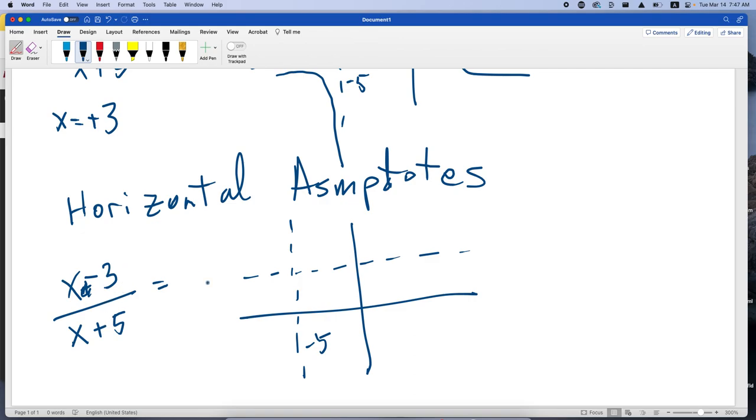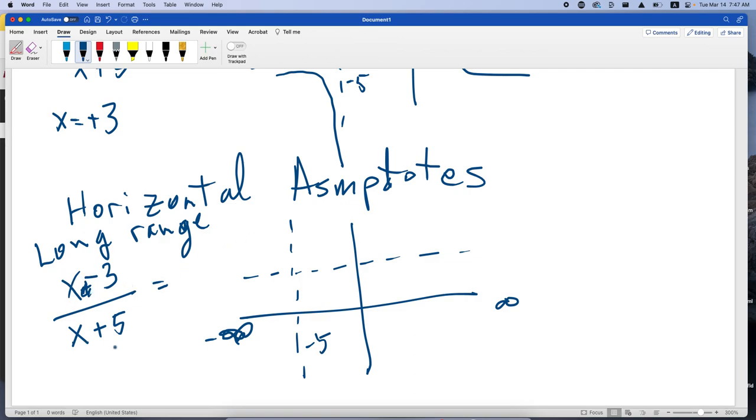So when we're looking for horizontal asymptotes, you'll see it in the lessons, it's called long range or long-term behavior. So what's happening when x is getting out towards the ends of the graph, infinities, right? Positive infinity over here, negative infinity over here.